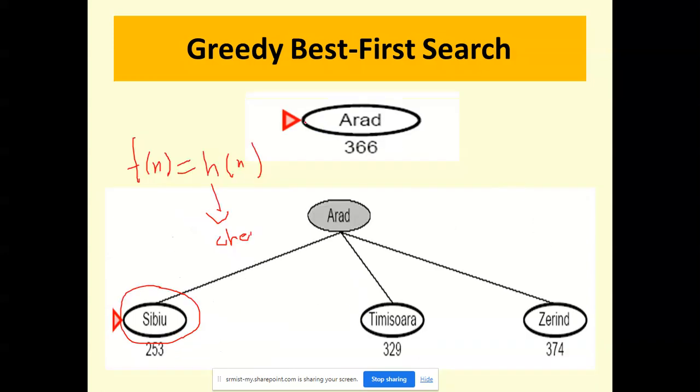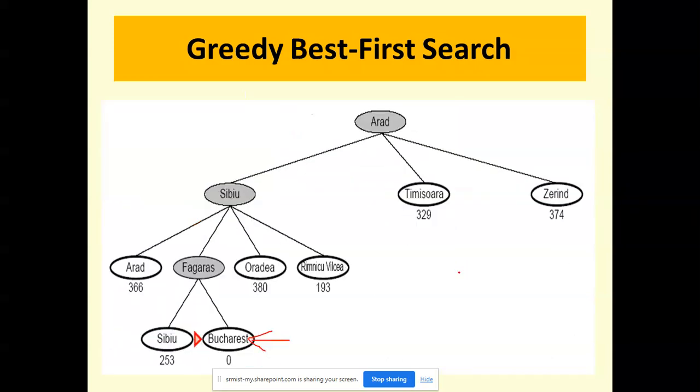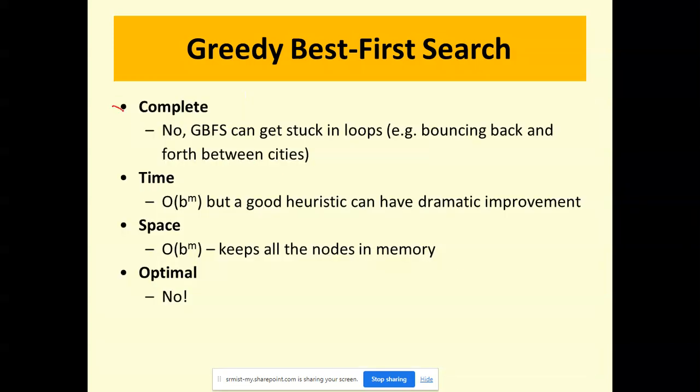Likewise in greedy best first search, every time you have to make sure that the evaluation function f of n is equivalent to the heuristic function h of n. Now the performance metrics: whether the problem can be solved completely, the time and space complexity, and whether the solution obtained is optimal or not.